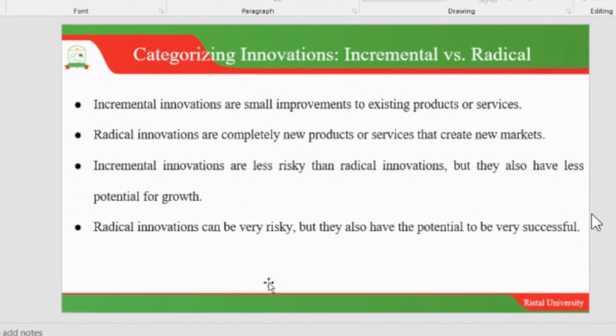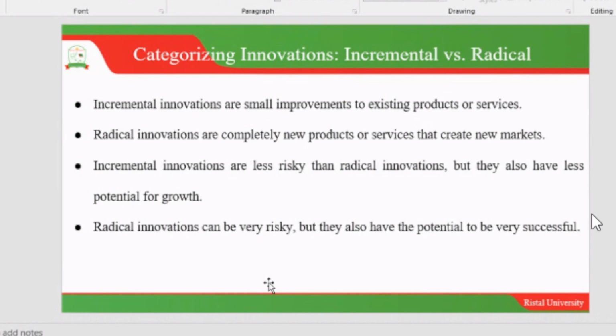A very good example here, and I'll use one which is a bit far from health, is the way Apple does, the way it brings in small modifications in its iPhone each and every year. We know that each year in September on that Apple event, they always bring in a new iPhone.